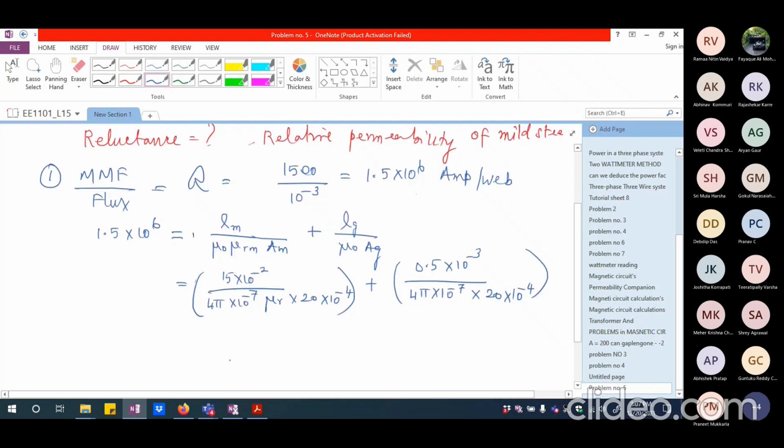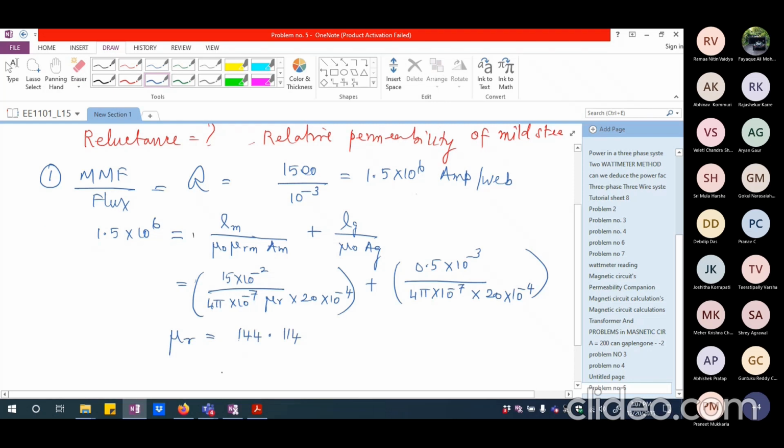Okay, fine. So this is going to be mu R, and I think I'm getting the mu R value to be 144.114.